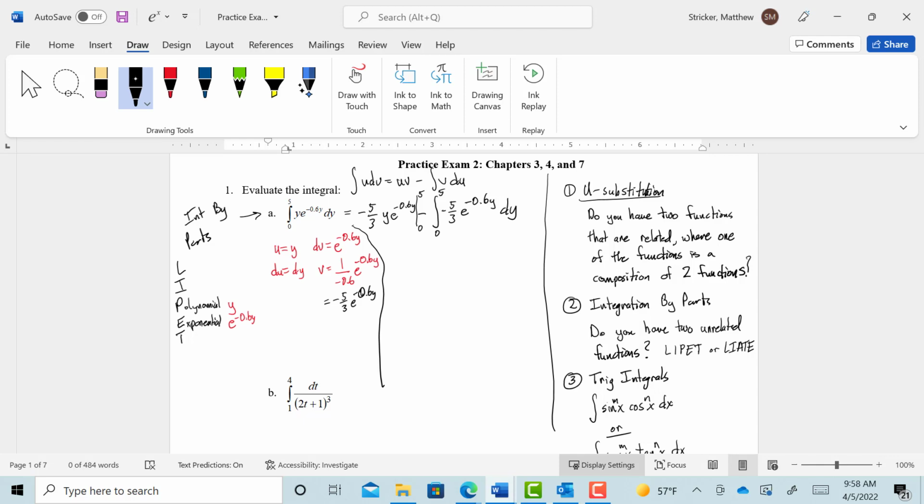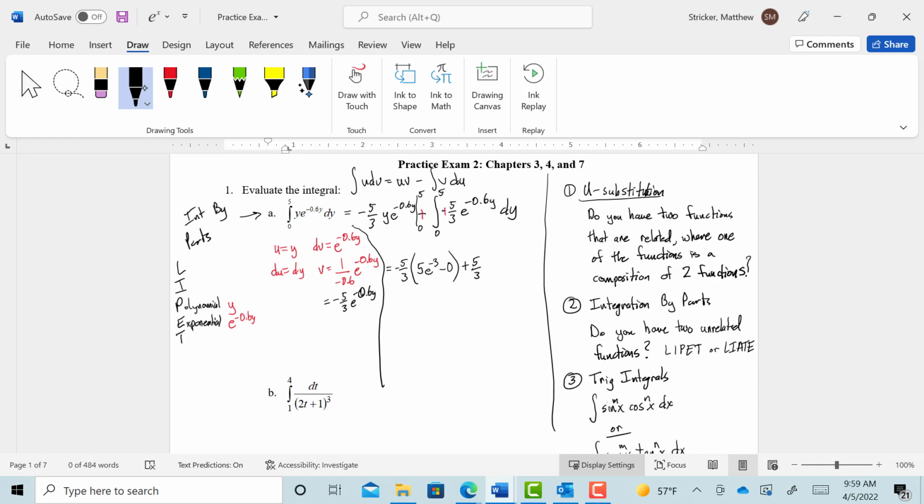And so this is negative 5/3. And then we can plug in 5, and we're going to get 5 e to the minus 3 minus 0. Then our integral is a minus a minus 5/3, so that's going to turn into a plus 5/3. So we have a plus 5/3.